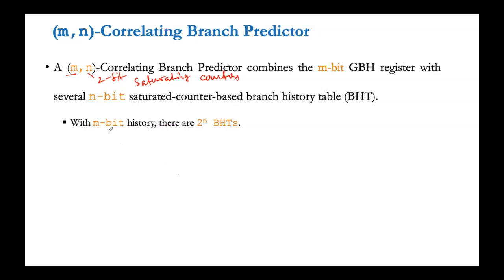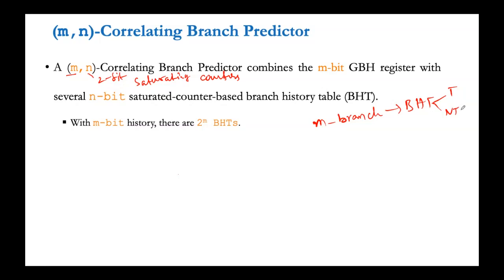If there is an m-bit history, it means m branches will be there, right? For every branch, there will be a branch history table. That branch history table maintains whether the branch is taken or not taken.